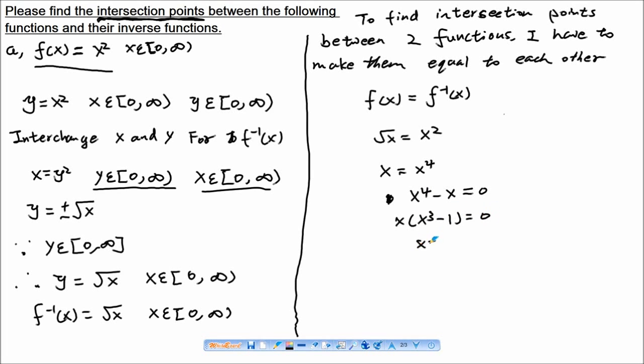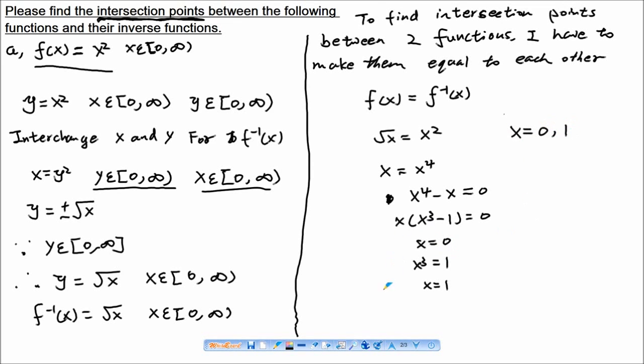So x would be 0, and x cubed equals 1, so x will be 1. The x coordinates of my intersection points will be x equals 0 or 1.